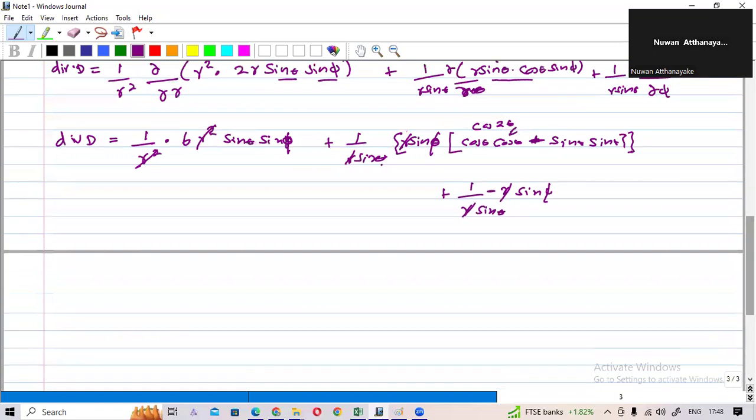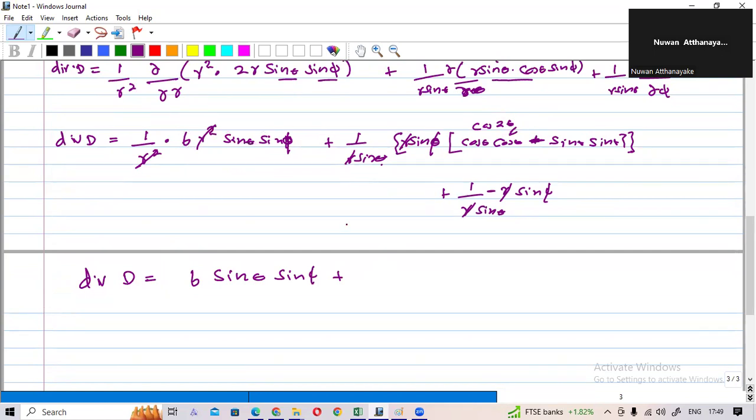So check whether I am making any mistake. If I am making any simplification mistake, don't worry, but this is the procedure. Okay. So r square cancels out, and here you have 6 sine theta sine phi plus, if you consider this one, cos theta times cos square theta minus sine square theta, that will be cos 2 theta.